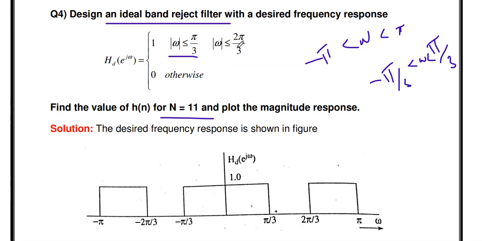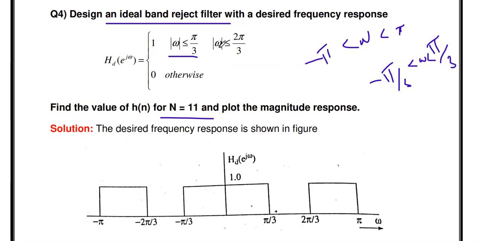So in between minus pi by 3 to plus pi by 3, HD of e power j omega is 1. Another condition is that modulus of omega is less than or equal to 2 pi by 3.